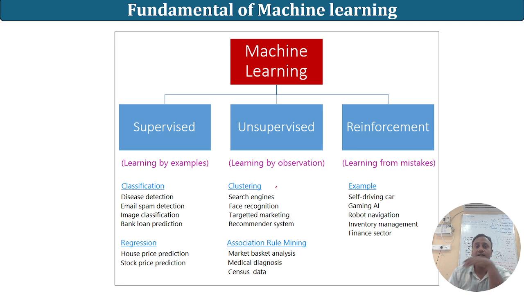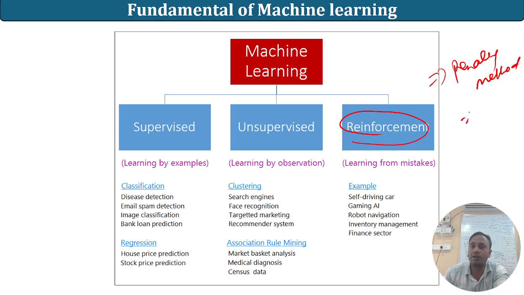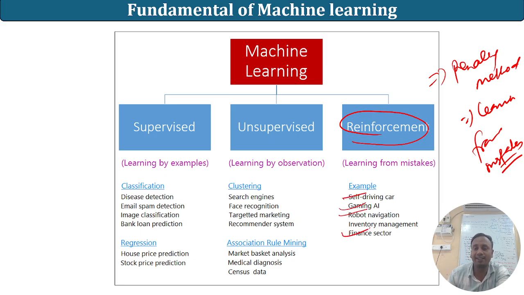We call it the penalty method, where the system learns from mistakes. Examples: self-driving car, gaming, robot navigation, finance sector, and all.